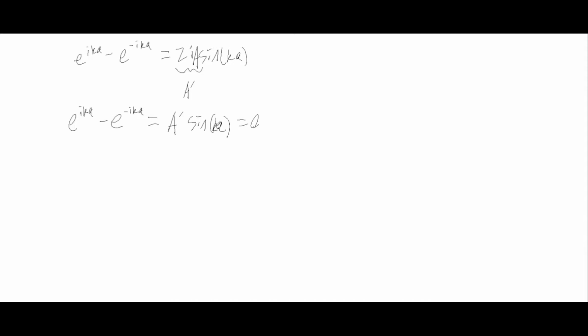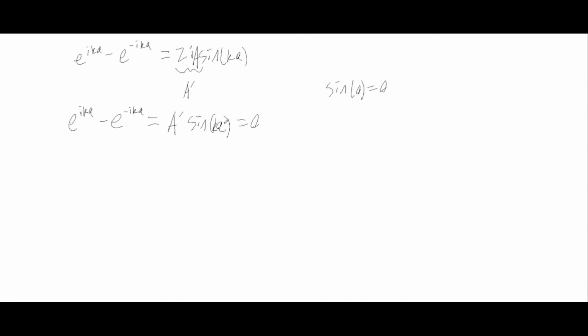So if we want this to equal 0, we've already said that A doesn't equal 0. We've ruled that out because if A equals 0, then there's just nothing in the well. So we know that sine of 0 equals 0. So we could say that k a is equal to 0, but once again, that would just mean that there's nothing in our well.